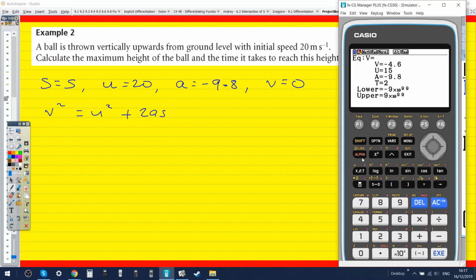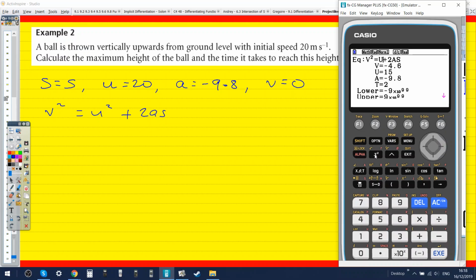Shift alpha lock u. See, it's quicker for the last bit. Plus 2as. It's just so you don't have to keep pressing alpha. And then I'm just going to put in these squared. Oh, I have to take off that alpha lock. Yeah, maybe that alpha lock isn't the best.